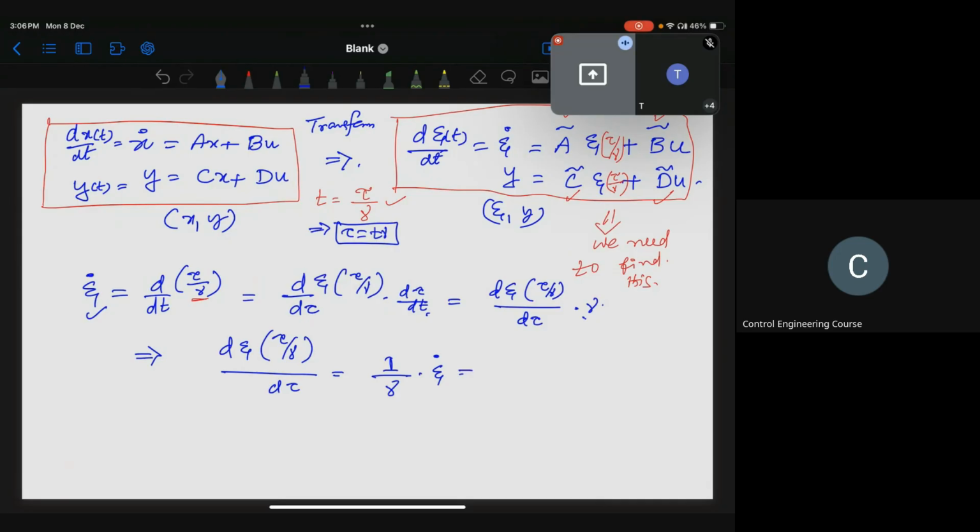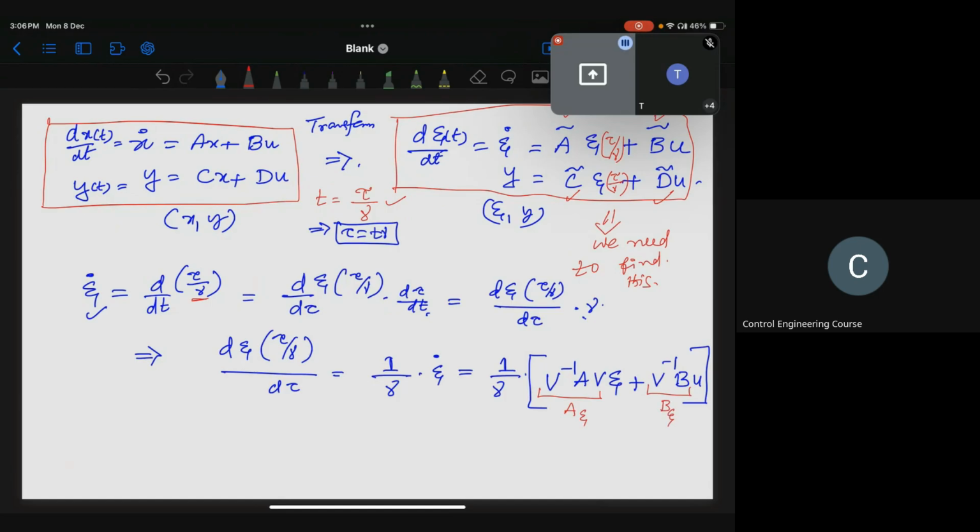Now, what is this zeta dot? From the previous problem we have V inverse AV zeta plus V inverse BU. So we have already seen this as A zeta and this as B zeta.